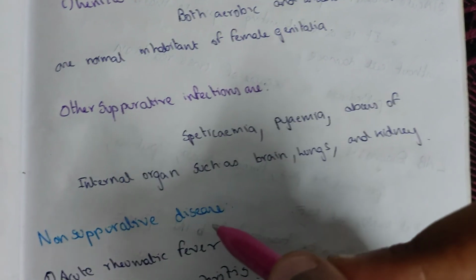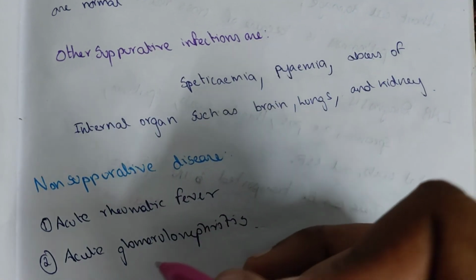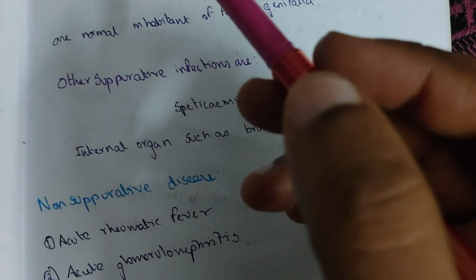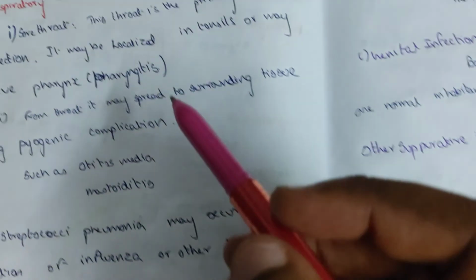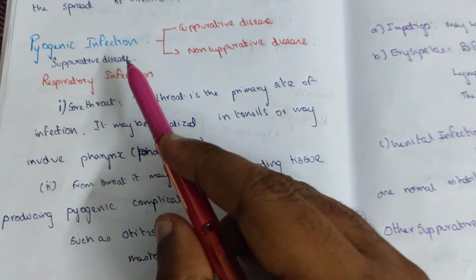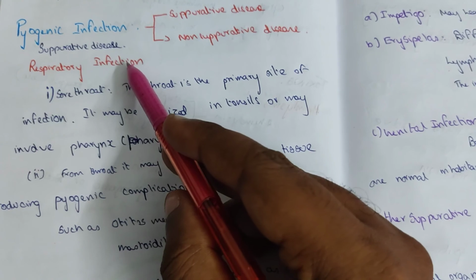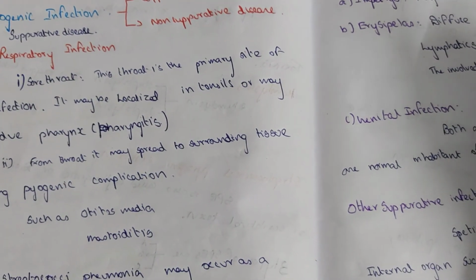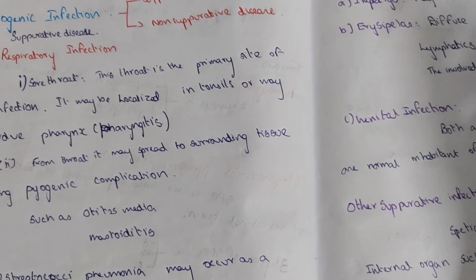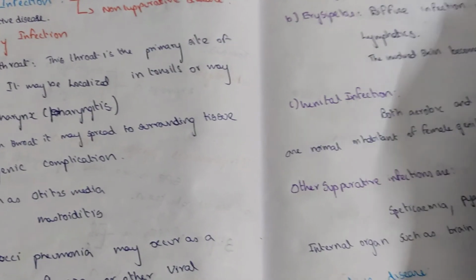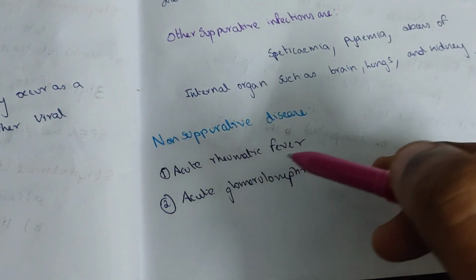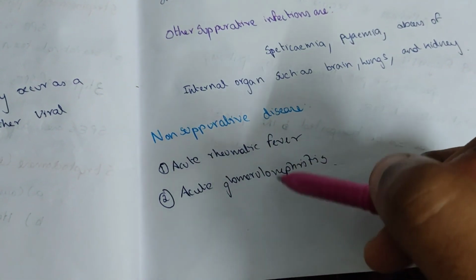The suppurative diseases are respiratory infection, skin and soft tissue infection, genital infection and other suppurative infections. The non-suppurative diseases are acute rheumatic fever and acute glomerulonephritis.